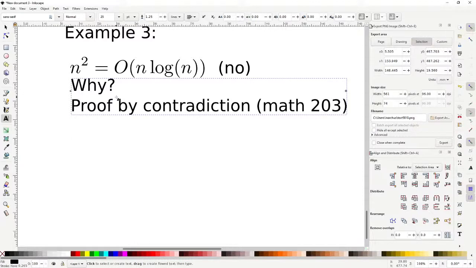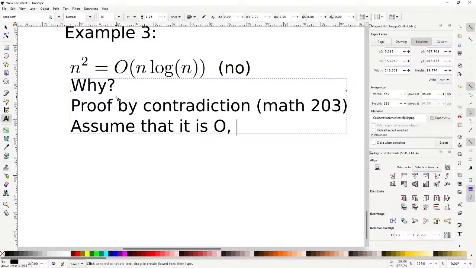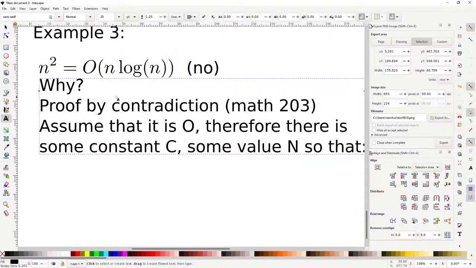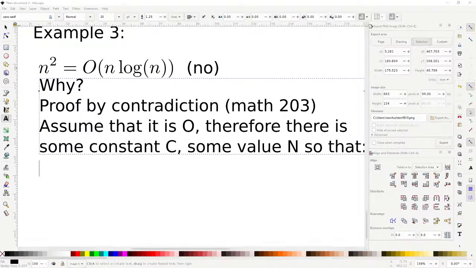And so we assume that it is big O. And so what we do is we say, therefore, there is some constant c, some value n, so that n squared is less than or equal to c times n log n.